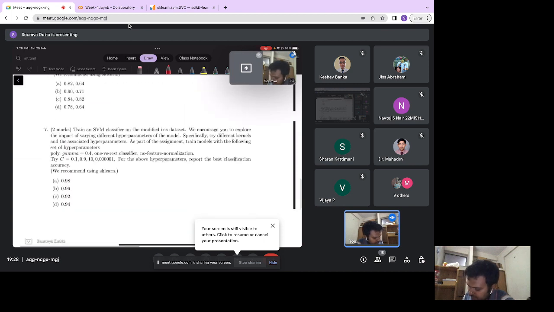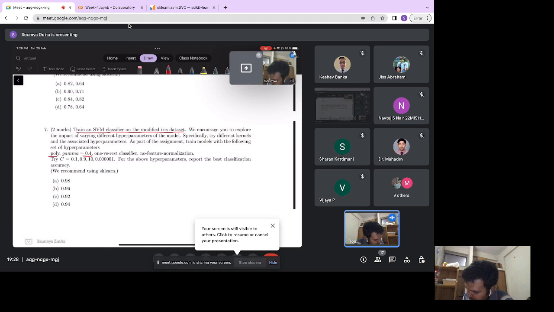And the other is: train an SVM classifier on the modified iris dataset. We encourage you to explore the impact of various hyperparameters. You probably won't see much change because this is a very simple dataset. But anyway, you can try, and specifically try different kernels. As part of the assignment, train models with the following set of hyperparameters. Gamma is set to be 0.4.